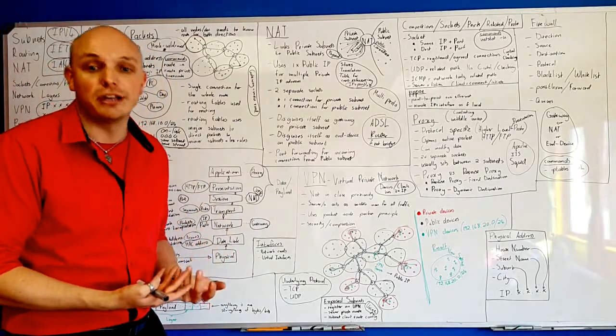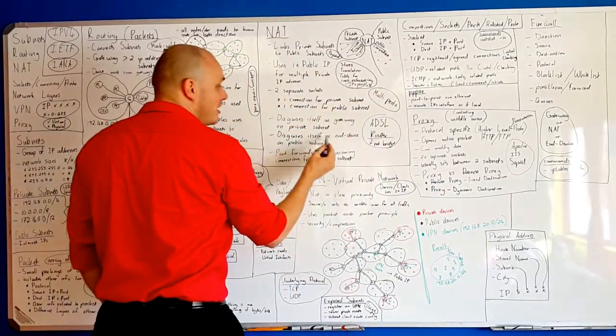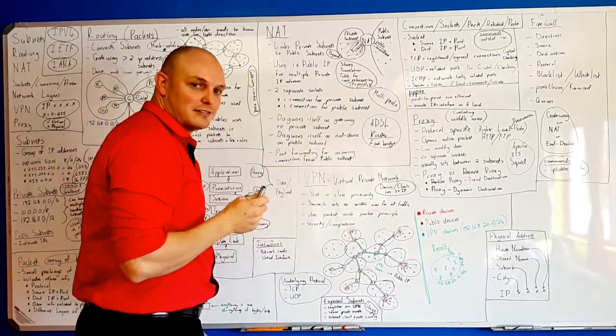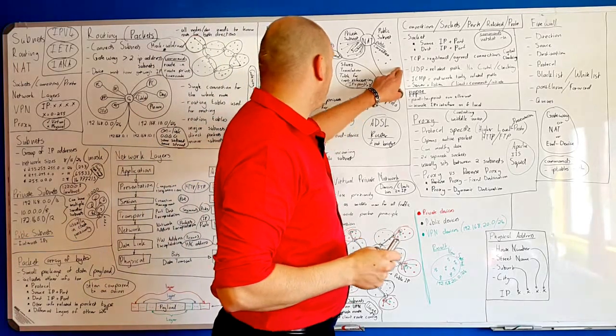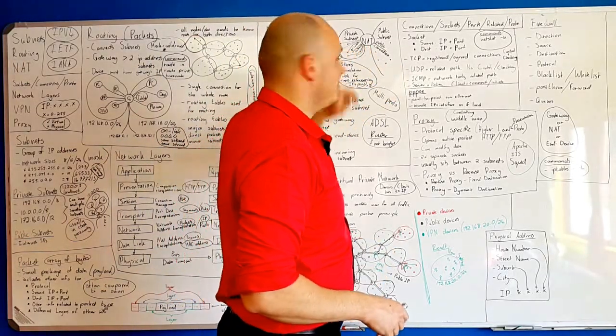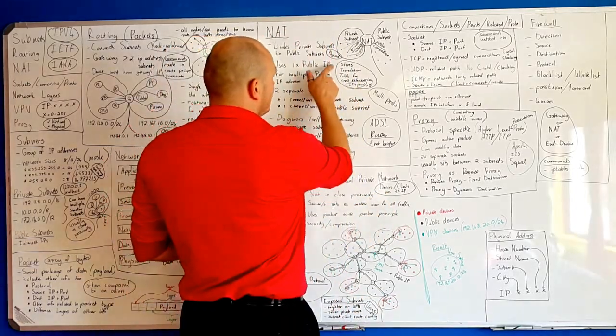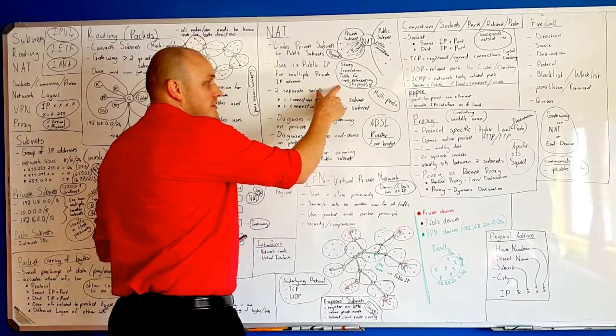There's no way of knowing. And on the other side, the public network, it actually disguises itself as the end device. So the public network will think that is actually the device it's talking to, although it's actually talking to that device. Because what the NATed router does, it stores a translation table for cross-referencing.